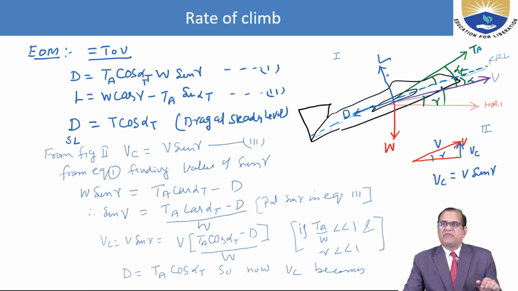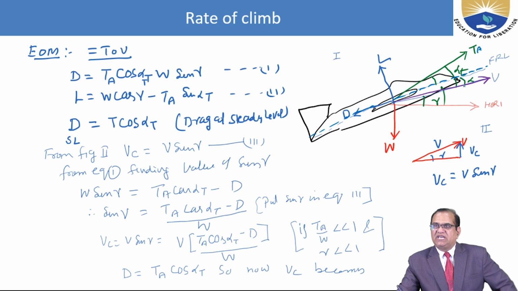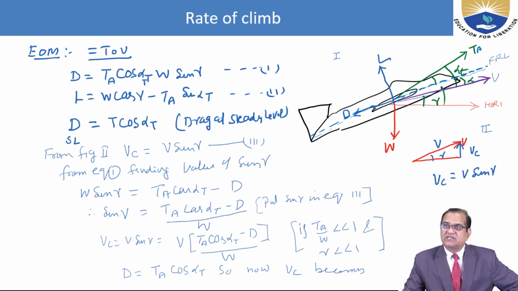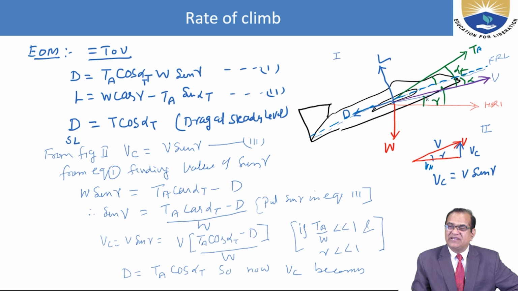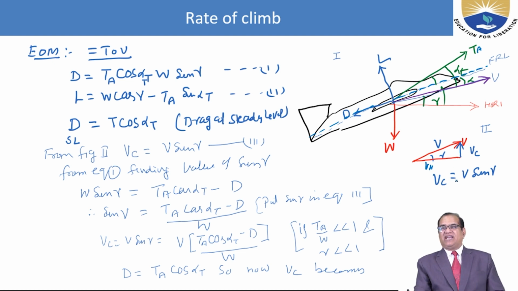The lift will be perpendicular to this velocity V. Drag will be in the same direction. Weight will be towards the ground. So here we have L, D and W. This velocity V we can divide into two components: one is VH, another is VC. This VC is equal to V sine gamma, where gamma is the flight path angle. So VC, that is the vertical speed or rate of climb, is equal to V sine gamma.